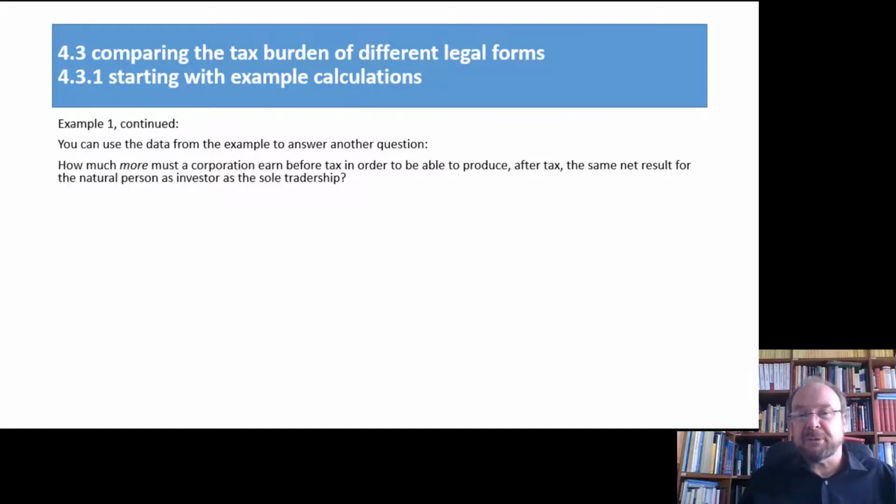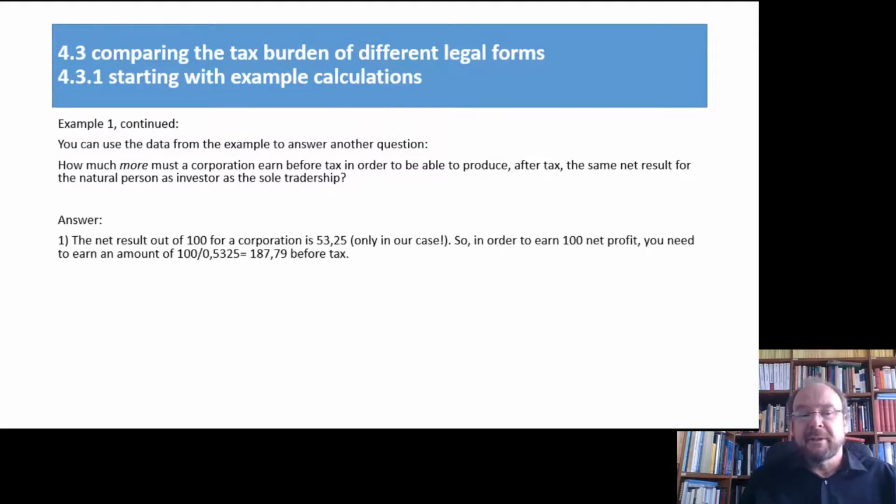So how much money do I need to produce in a sole tradership, and how much do I need to produce in a corporation in order to get the same identical net result of, let's say, 100? In that case, we can solve that question based on the same approach which we have already met in the last video.